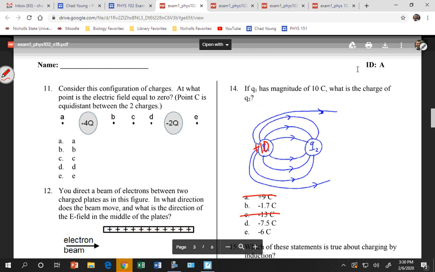I could probably go ahead and guess that it's not going to be B because it's not that much less. But anyway, I count the number of lines: 3, 4, 5, 6, 7, 8. There are 8 lines, and then there are 6 on this other side. So I say 10 divided by 8, which is 1.25, 1 2/8, 1 1/4.